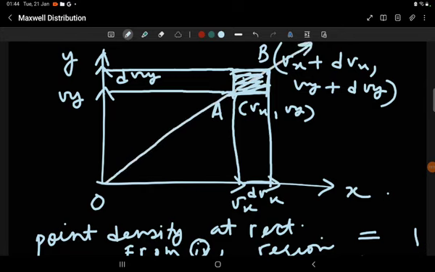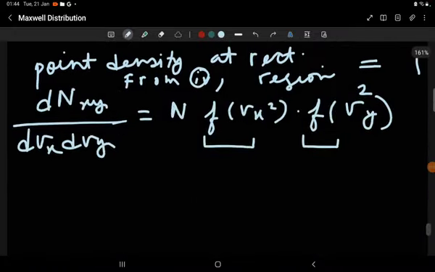This coordinate system will be defined such that the x axis of this coordinate system should pass through the point vx plus dvx comma vy plus dvy. The point is that we want to diminish this y component to 0. What is the use of diminishing? That we shall see.